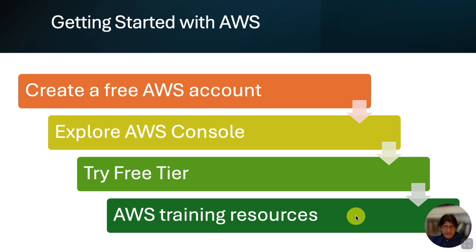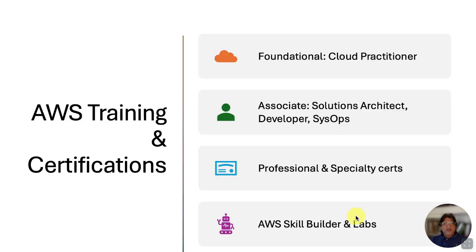We'll go into AWS training in more lectures, but there's lots of information on their own website as well. In terms of training and certifications, the first AWS certification you may want to look at is the foundational course, which will take you towards the Cloud Practitioner designation. And then, of course, there are more designations as you move along.